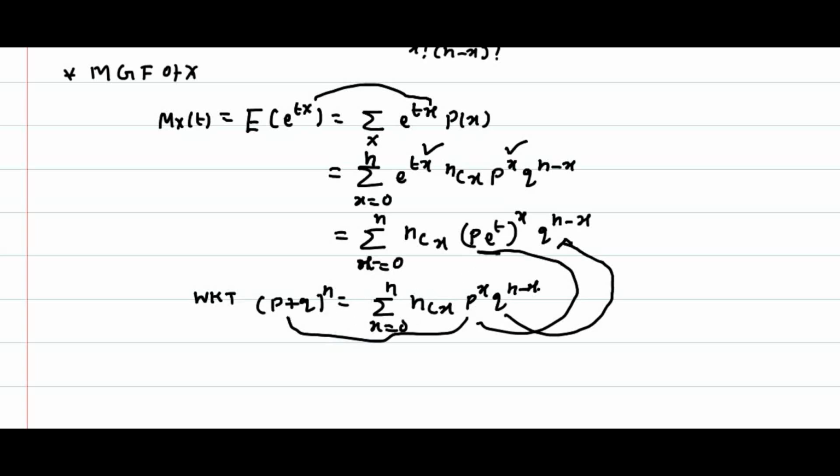So here our p is nothing but p e^t. Using the binomial expansion, we get (p e^t + q)^n. So this is called the moment generating function of the binomial random variable.